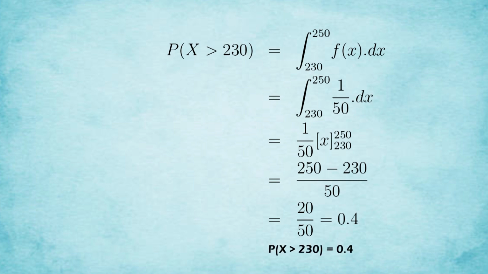Therefore, probability of x greater than 230 is 0.4.